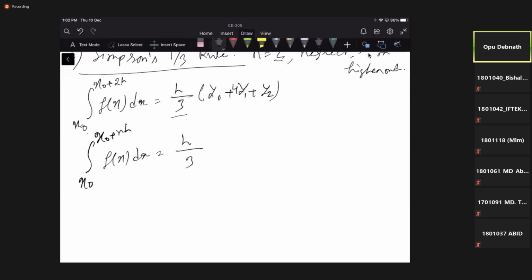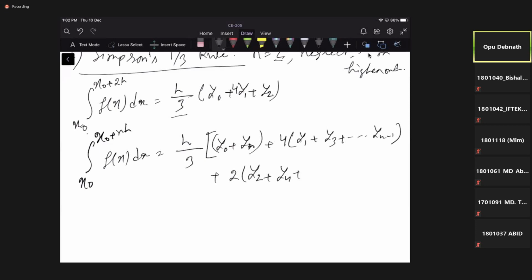The first term is y0 plus yn, this is constant, plus 4 multiplied by the odd terms y1, y3, up to yn minus 1, plus 2 into (y2 plus y4 up to yn minus 2).